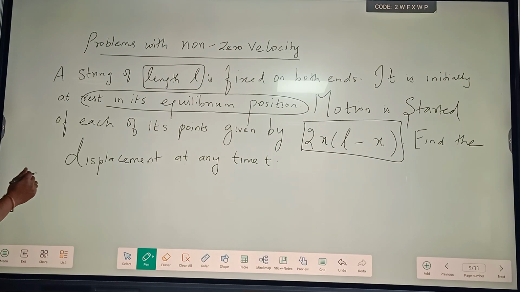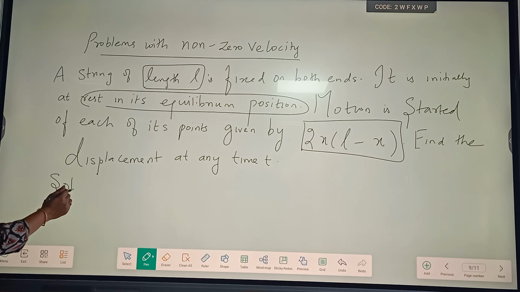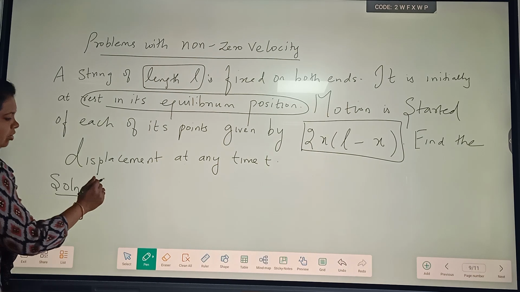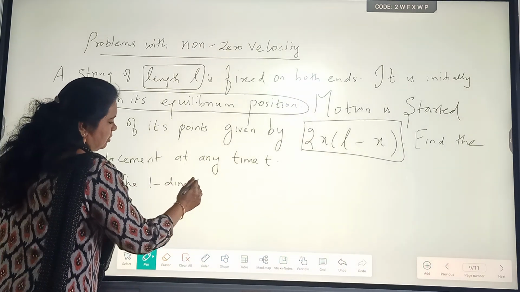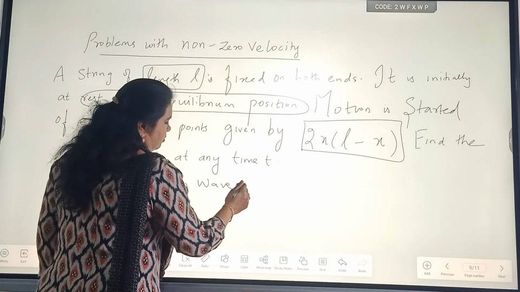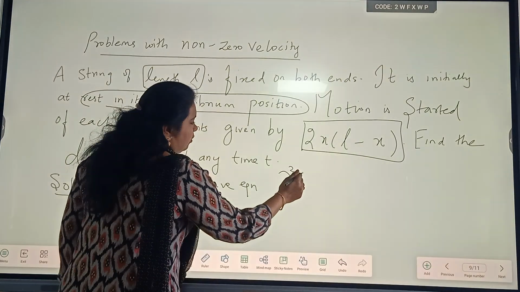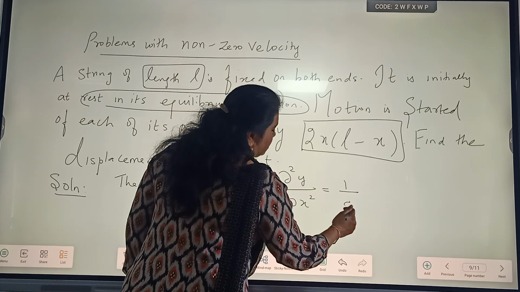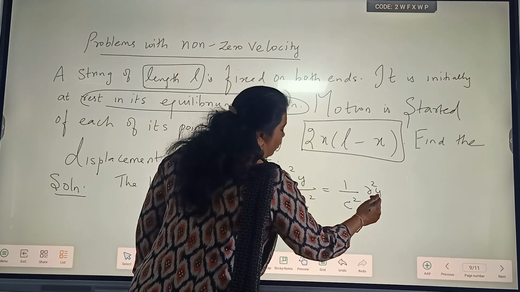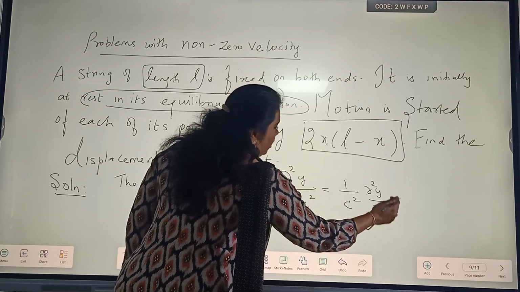Okay, let's start the solution now. We have identified the problem to be the one-dimensional wave equation. The one-dimensional wave equation is del squared y by del x squared equal to 1 by c squared del squared y by del t squared.